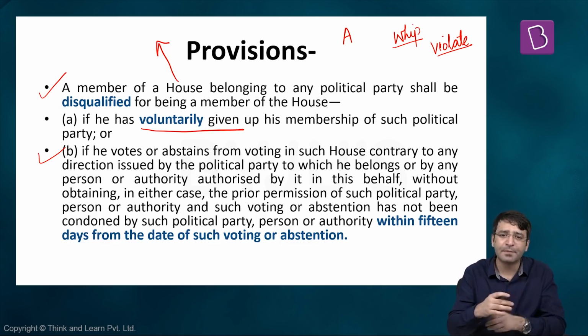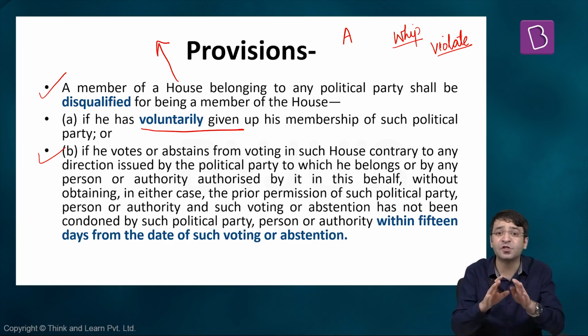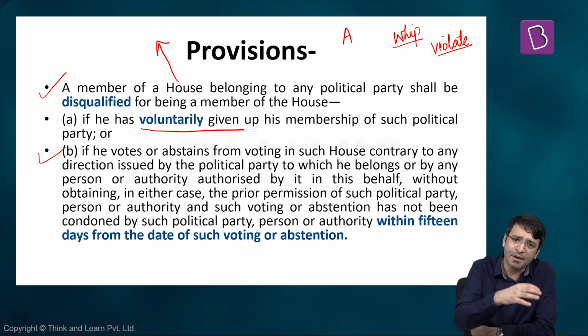But what is this whip? This whip is what we call a directive, but there are 3 types of whips. 1-line whip, 2-line whip, 3-line whip. It is this 3-line whip which is very dangerous. What is a whip? Let's say, for example, I belong to BJP and I am a member of a house of a parliament. Let's say I am a member of the Lok Sabha.